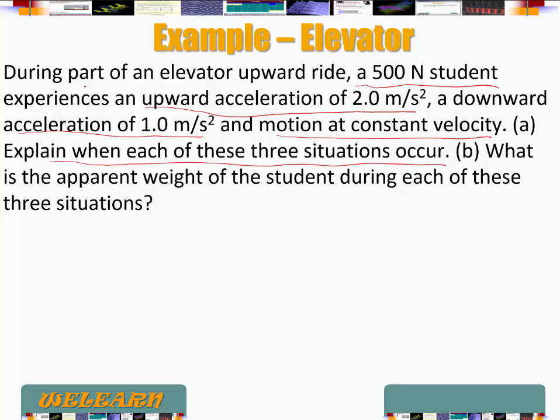Okay, let's pay attention to what the question says. During part of an elevator upward ride. So that's important. The elevator is moving up. The 500 Newton student experiences an upward acceleration of 2 meters per second squared, downward acceleration of 1 meter per second squared, and motion at constant velocity.